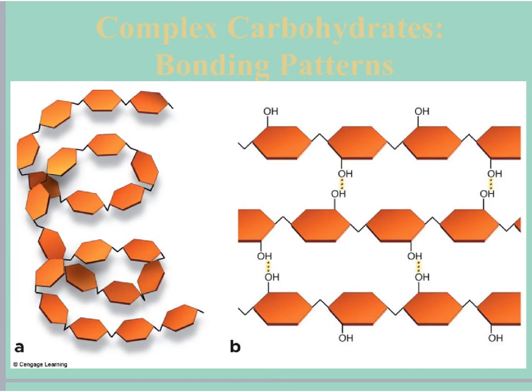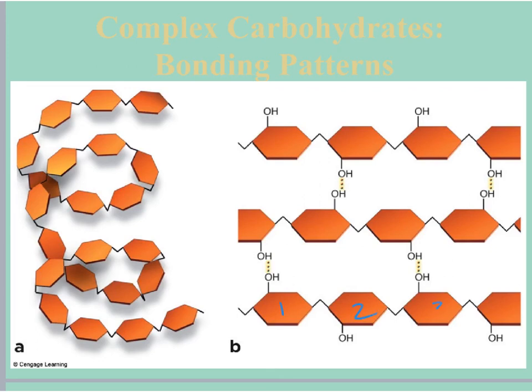And then if we're talking about long-chain carbohydrates or complex carbohydrates, polysaccharides, then they get really complex. So this would be like what pasta looks like on a molecular level, where you have many carbon chains. These are all glucose molecules.